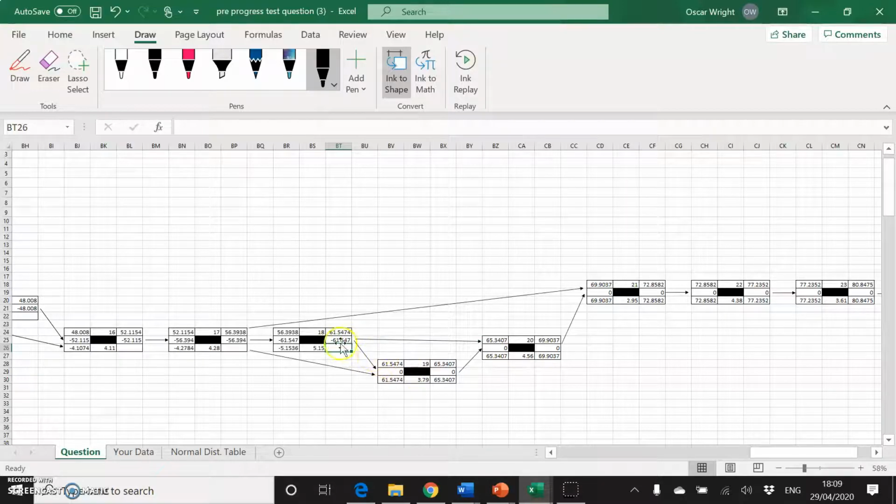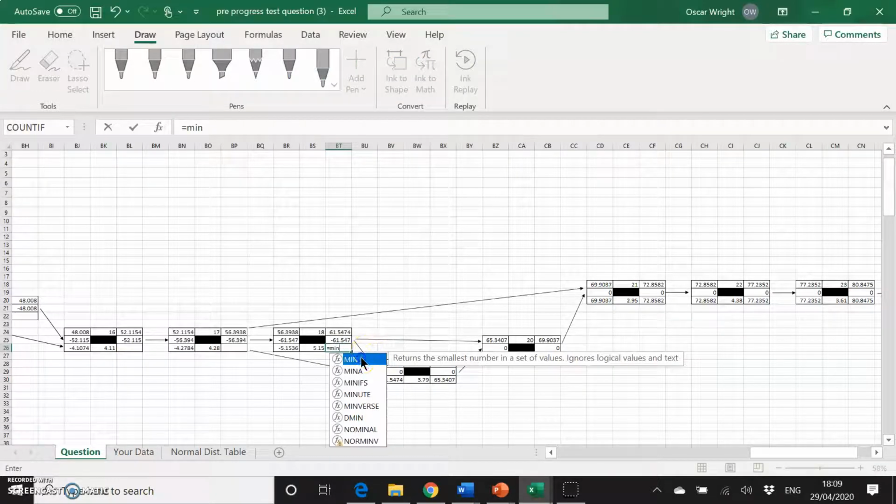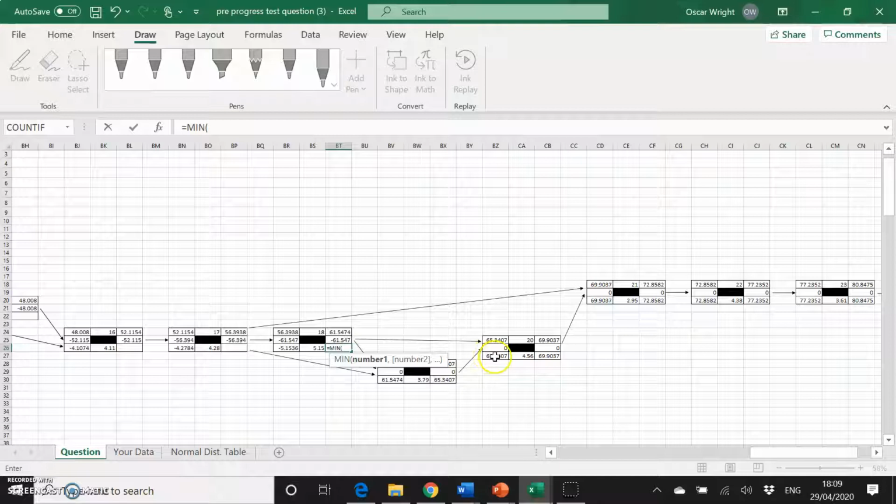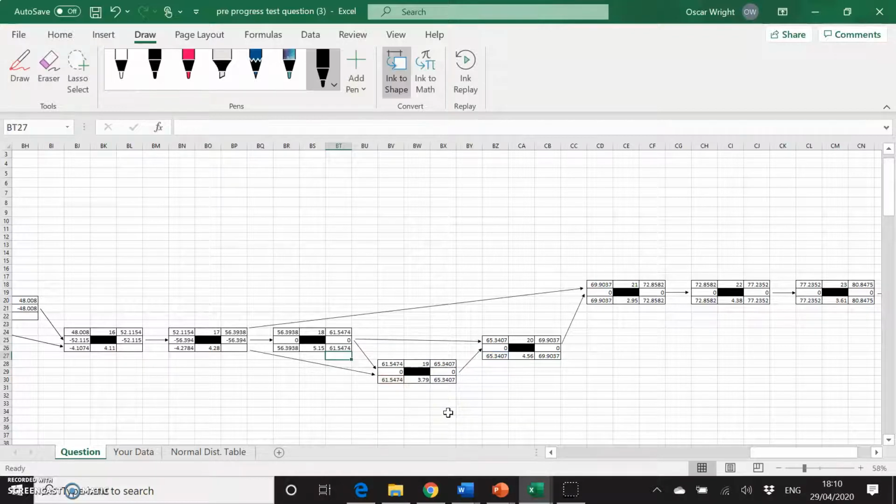So we know that it must be one of the late starts from either 20 or 19. Because it's the late start, we want to take the minimum value of these two. So if we enter minimum, and then we take the late start for 20 and the late start for 19. And there you see we have the minimum value.